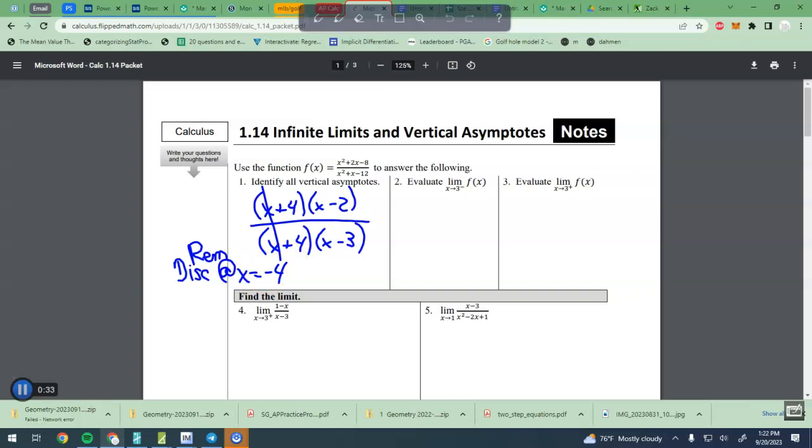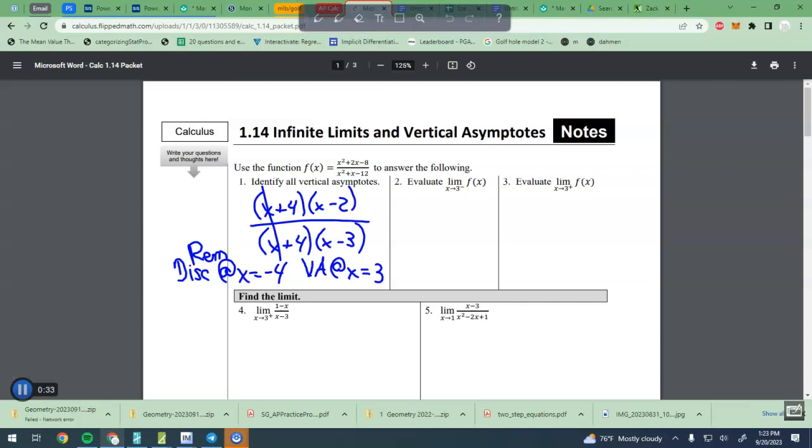And then the factor on the bottom that doesn't cancel, the solution from that is the vertical asymptote. So I have a vertical asymptote at x equals 3. How many do it that way, where you factor and cancel-ish type thing? Anybody do it the other way? Aren't they essentially the same way, though? Yeah, it's the same thing.